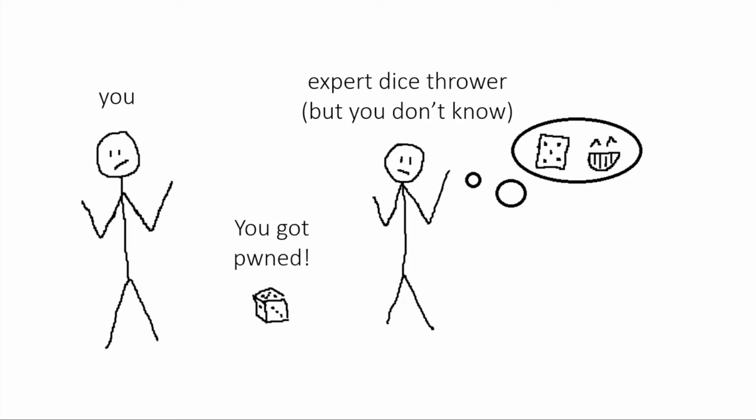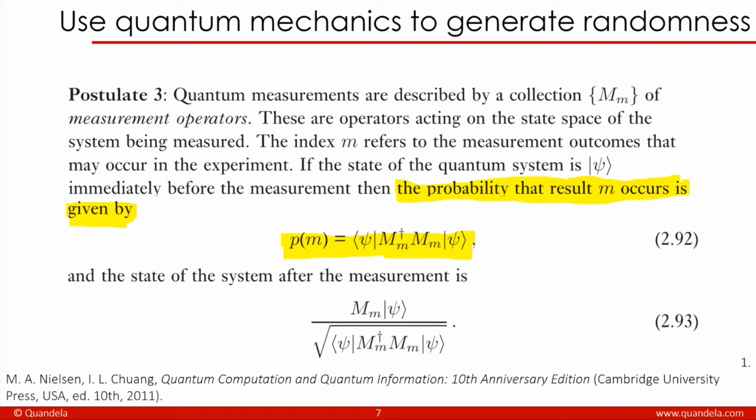Actually, one good lead to generate random numbers or random data is to use quantum mechanics, because one principle of quantum mechanics states that a special operation called the quantum measurement has to give a random result.